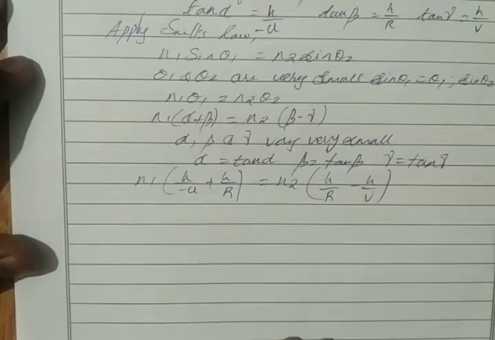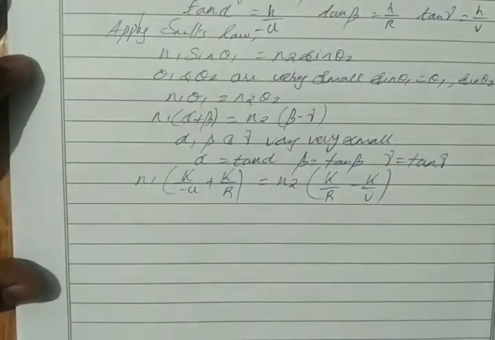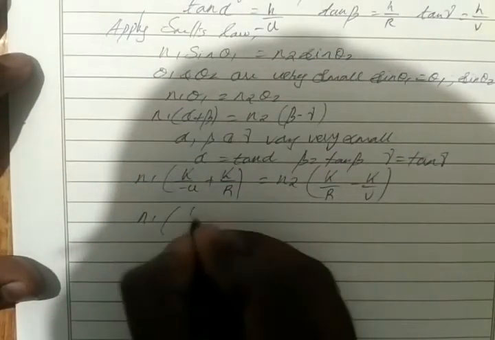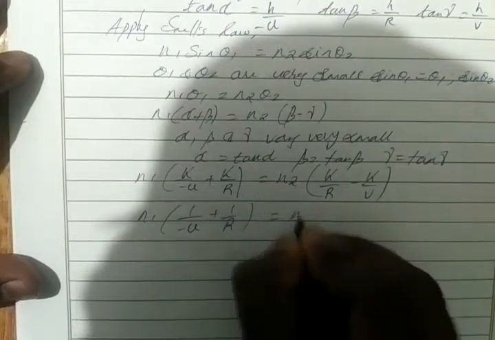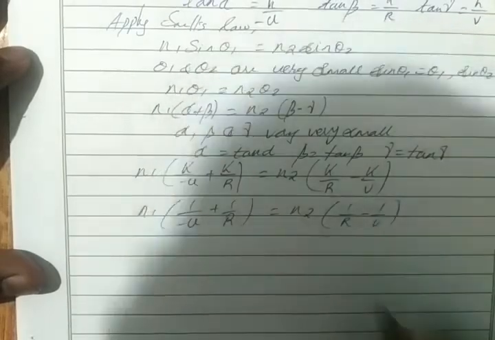Okay, so all the h values get cancelled. We are left with n1 times 1 by minus u plus 1 by R equal to n2 times 1 by R minus 1 by v.